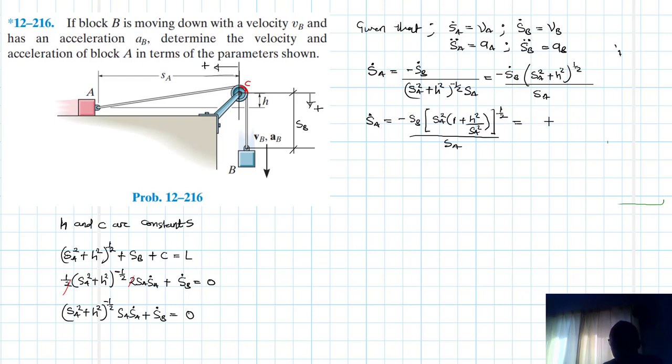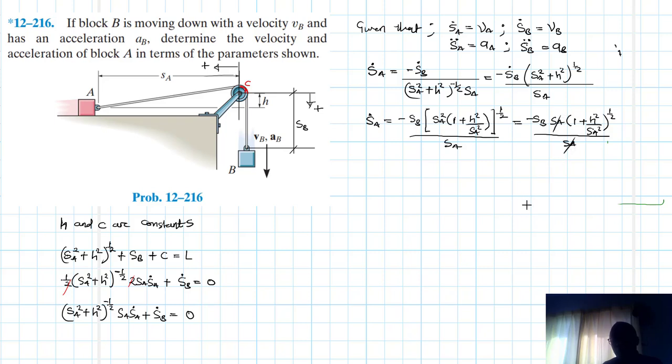We can factor SA outside, so we have 1 plus H squared divided by SA squared, to the power half, divided by SA.